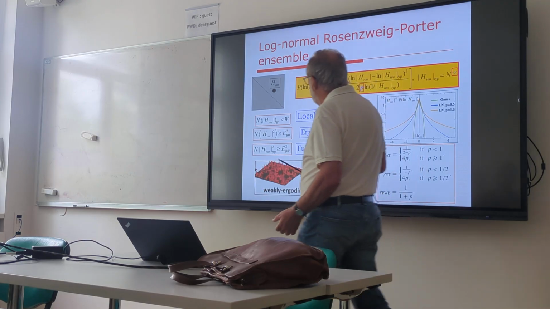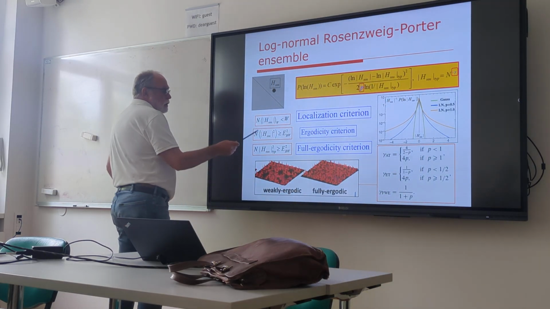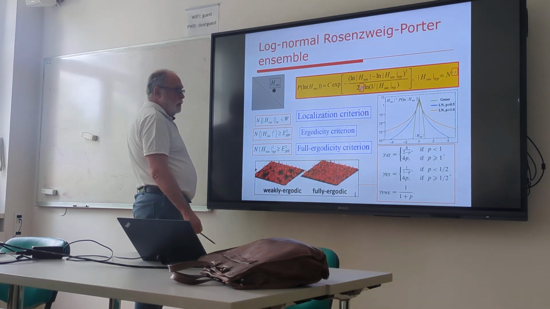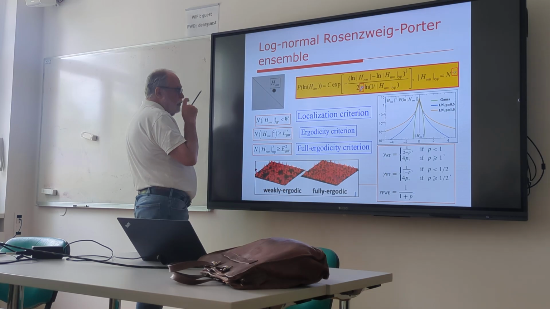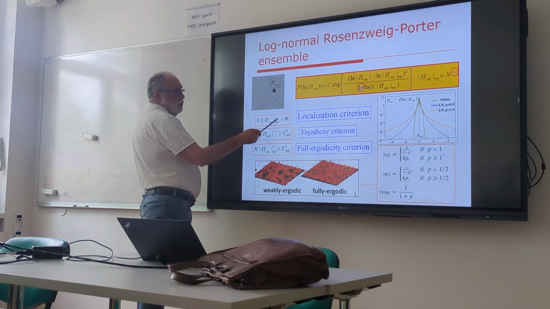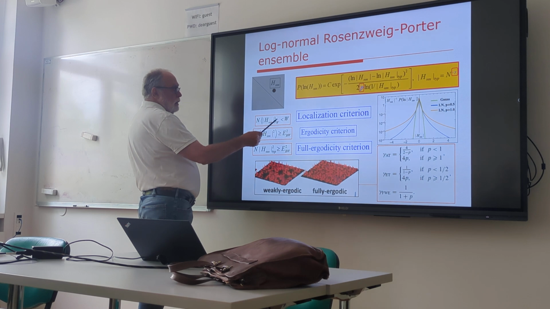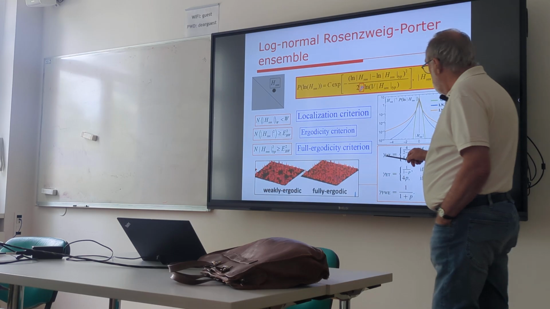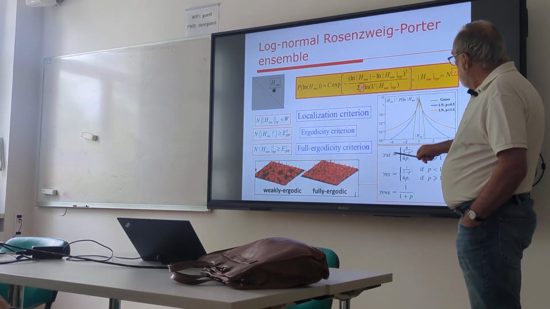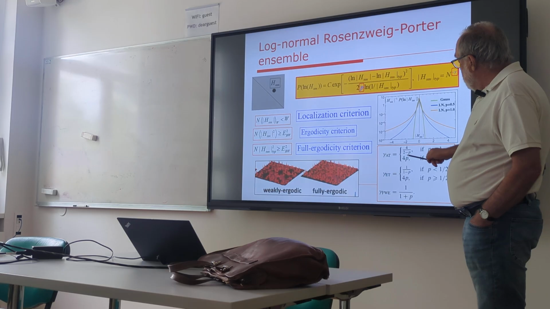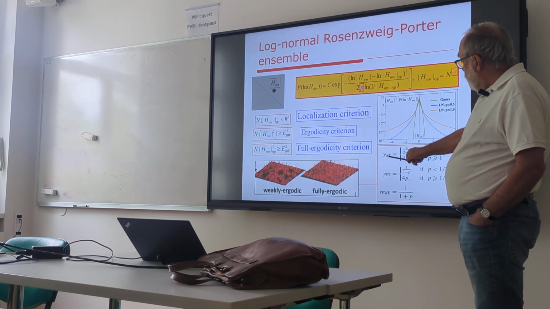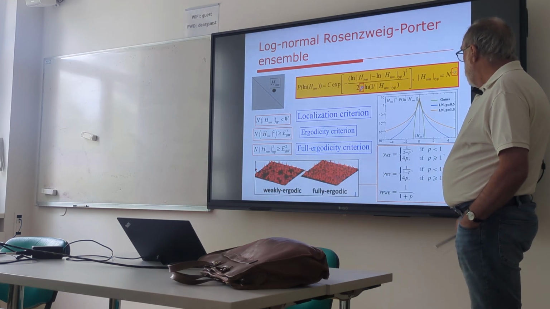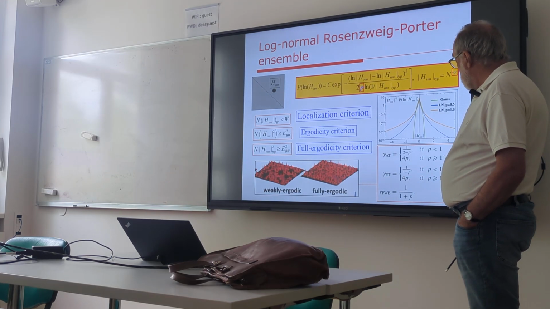And then we derived certain criteria for localization and for ergodicity. And if you take this distribution, compute these averages, and use these criteria, you will find how this gamma depends on p at the localization transition, and at the transition from the multifractal phase to the ergodic one.